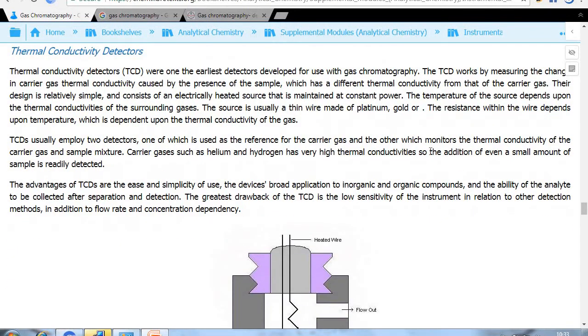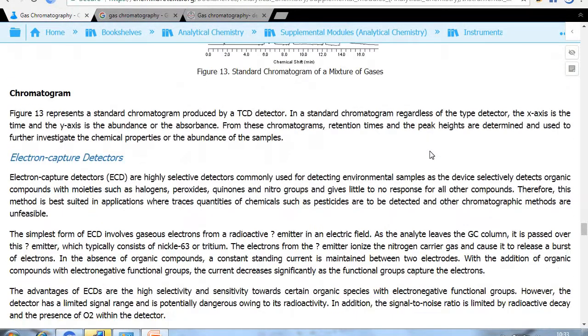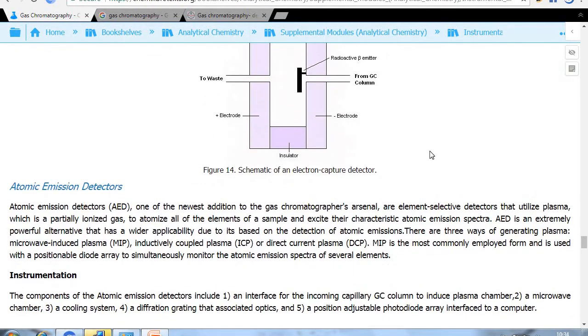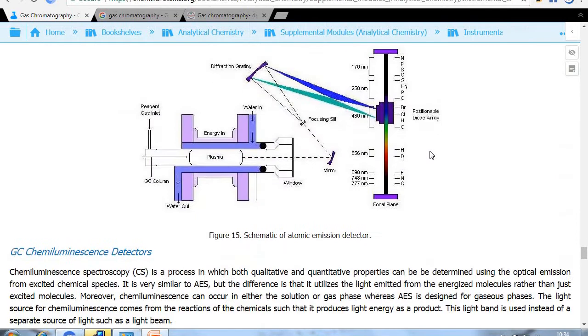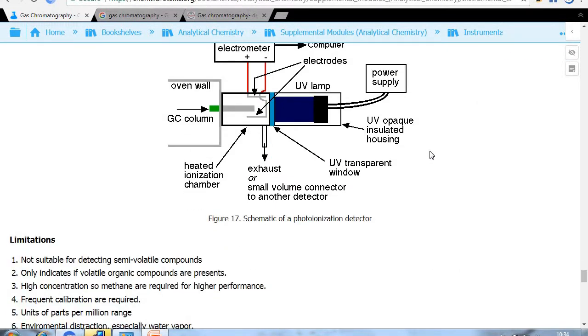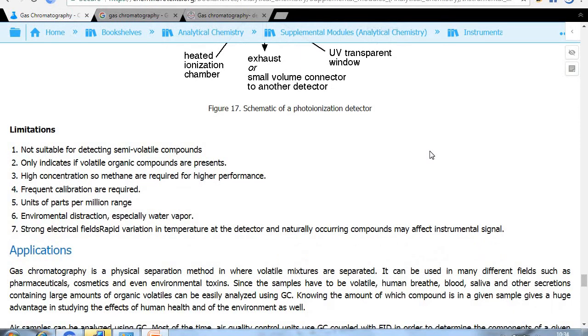So here, these are the different types of detectors. You can kindly read it to get an idea about the different types of detectors being used. Okay, so what are the limitations? They are not suitable for semi-volatile or non-volatile compounds.